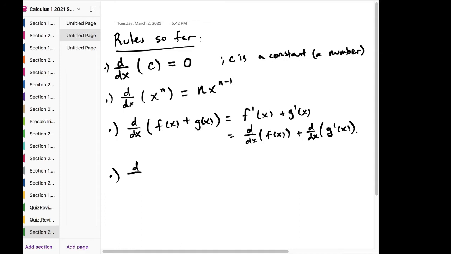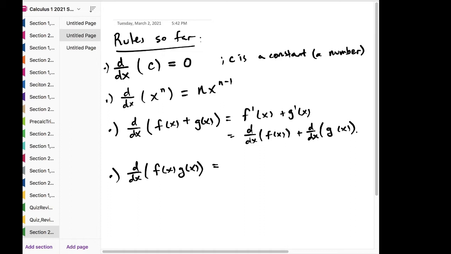How about a product? Remember that derivative? So this one is like the mixing.